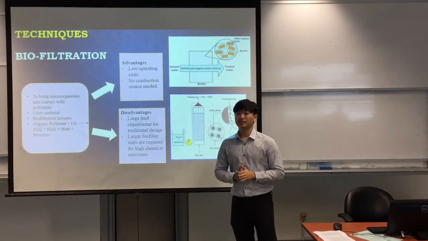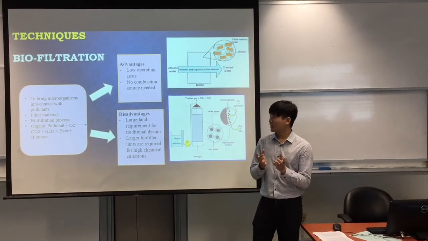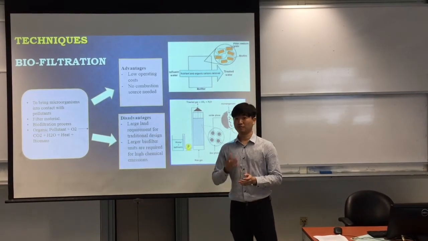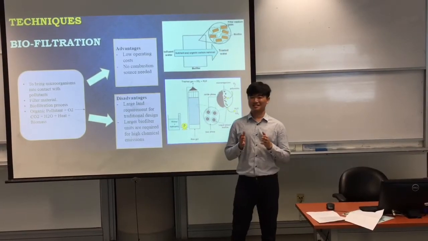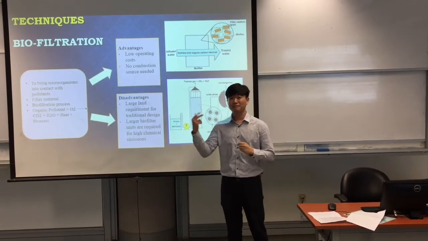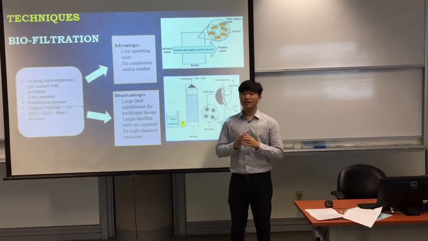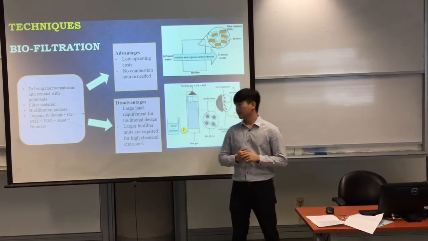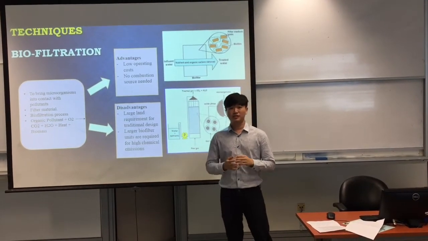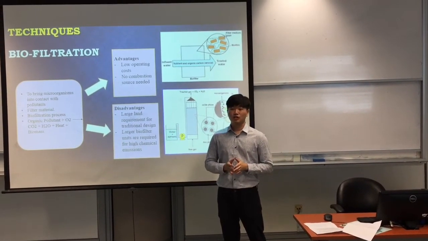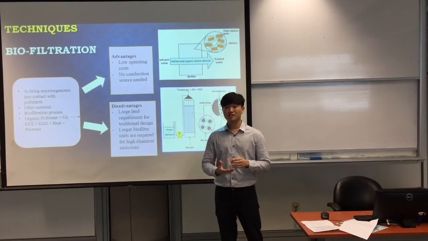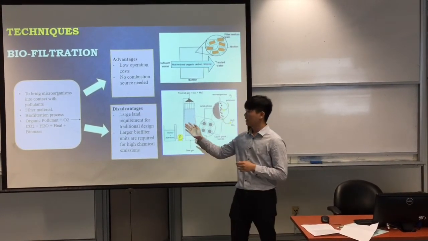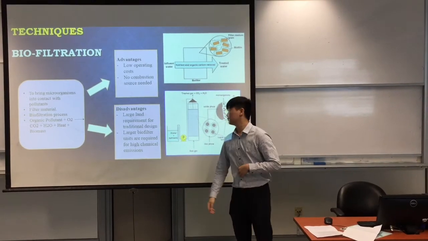The main function of it is to bring the microorganisms in contact with the pollutants. During the process, the polluted airstream is slowly pumped through the biofilter, and the pollutants are absorbed onto the filter media. This gives the opportunity to the microorganisms to degrade the pollutants and convert them into carbon dioxide and water.